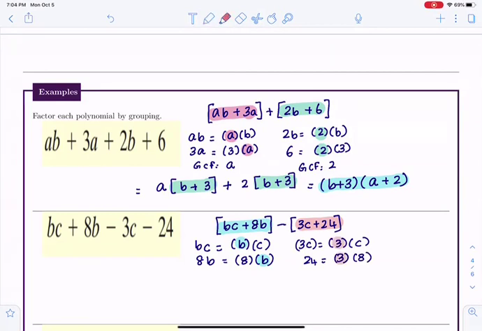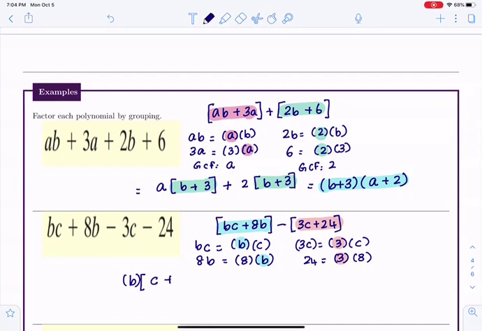3 is in common. So let's go back to the first expression that is shaded in light blue. The common factor is b. So if I pull b out, I'm going to leave behind c.